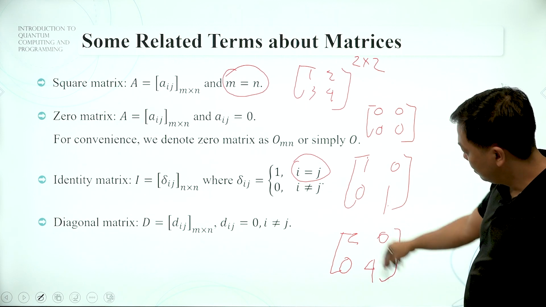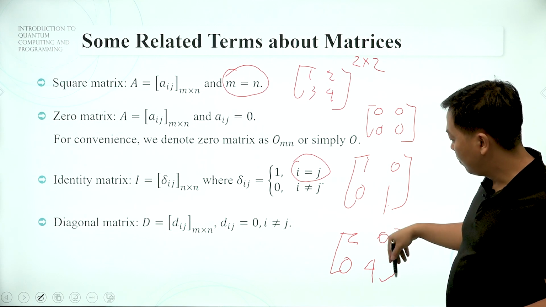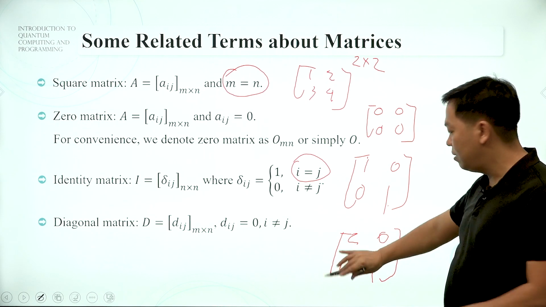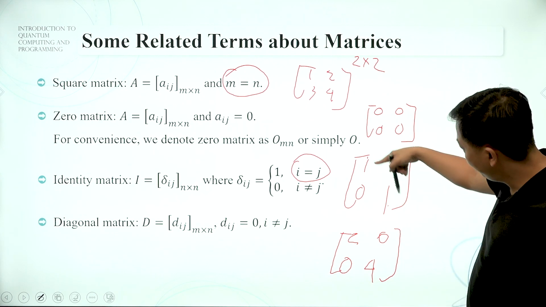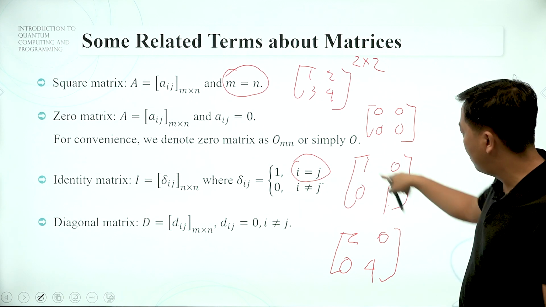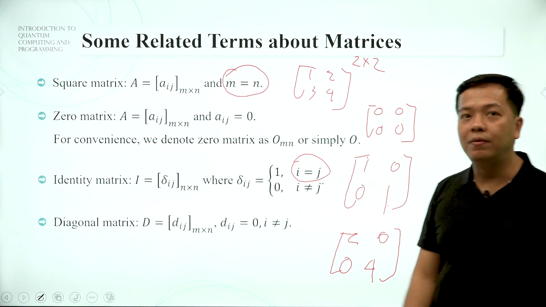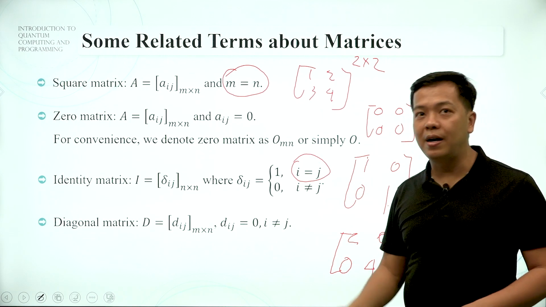Along the diagonal direction we have values, but all other places are 0. It's different from the identity matrix, which must have 1 on the diagonal. That is how they differ. These are some related terms, it's kind of easy.